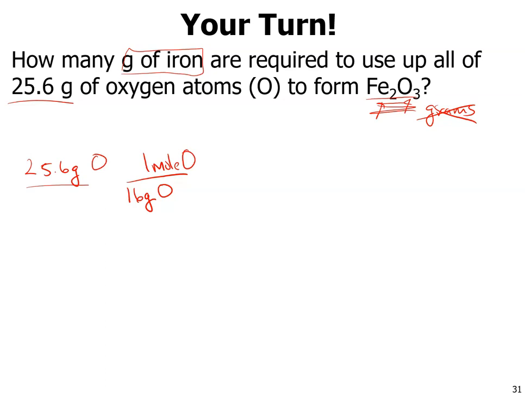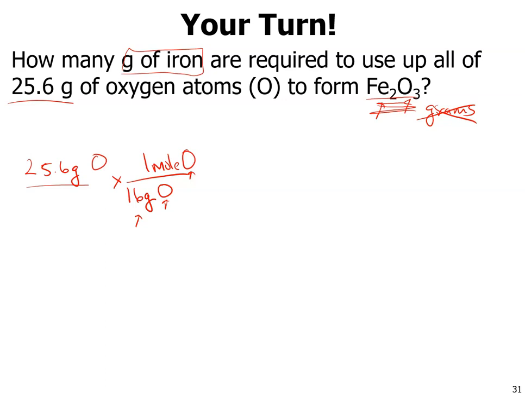So notice how I have oxygen here. This is helpful, to have that secondary part of the unit in order to keep track between iron, moles of iron, and grams of iron, and moles of oxygen versus grams of oxygen versus iron oxide. So this conversion factor, using the atomic mass of oxygen, tells us how many grams per mole.